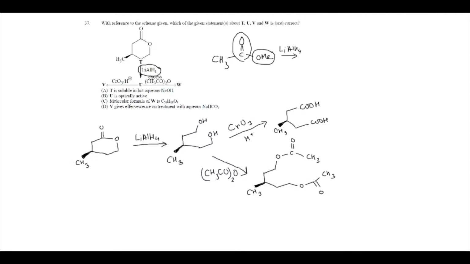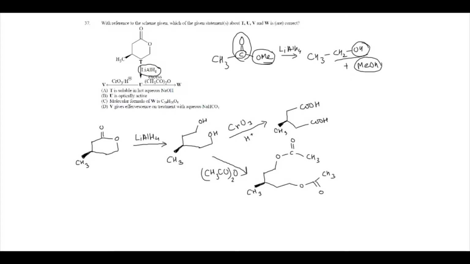So in this reduction, what will happen? We will get CH3CH2OH as well as MeOH. That means this carbon is getting a hydroxide group, and the other carbon, that is Me, is also getting a hydroxide group.